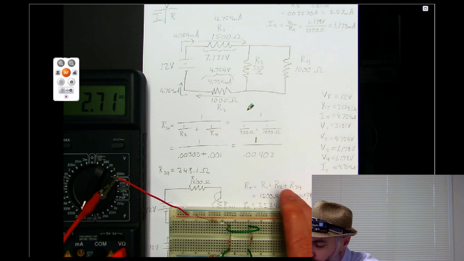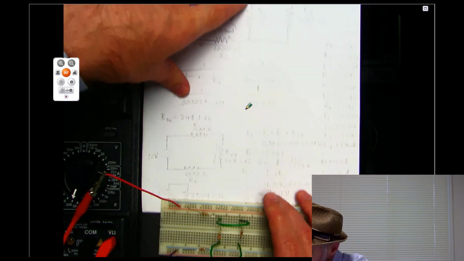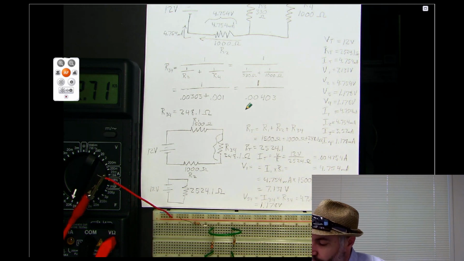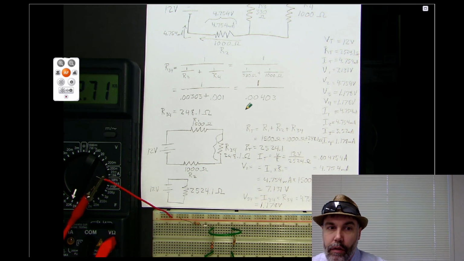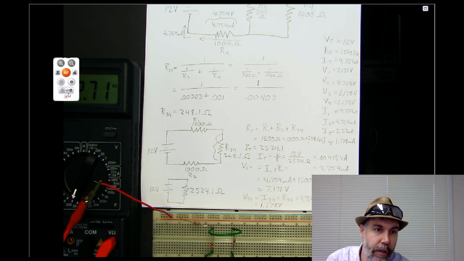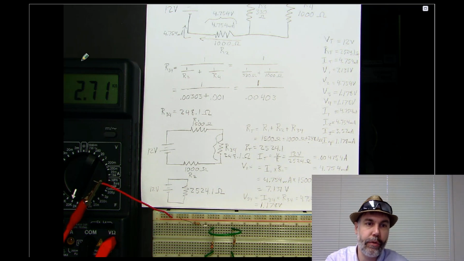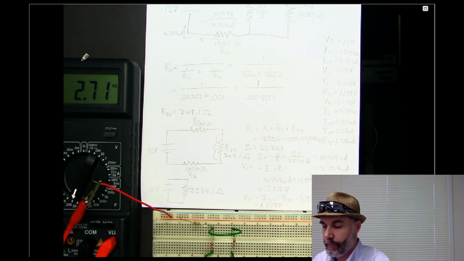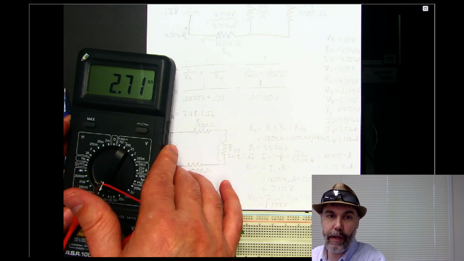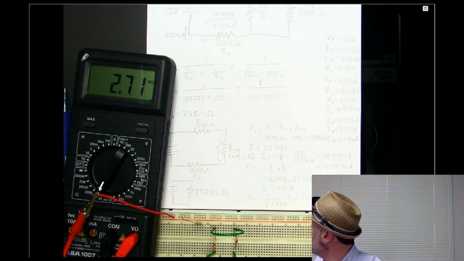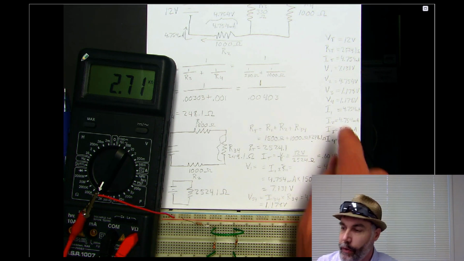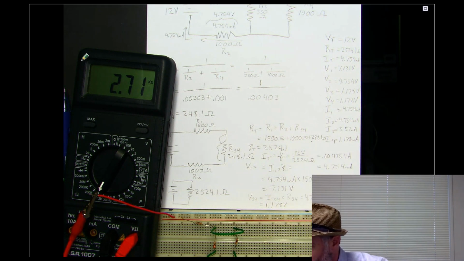So let's see. Is that where I screwed up? Let's see. The DMM is not clear. Oh, sorry. Yeah, thank you. So this is saying that we have a total resistance of 2.71 kilo ohms, but in my calculations I got 2.5 kilo ohms.